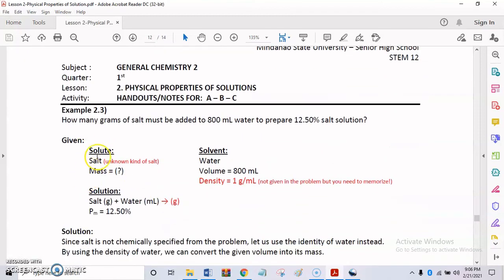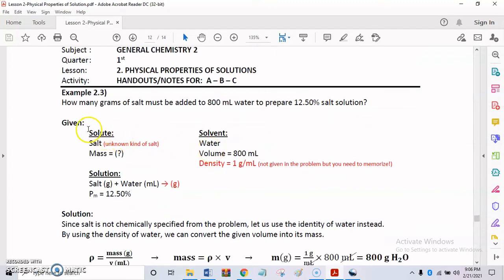Example 2.3. How many grams of salt must be added to 800 ml water to prepare a 12.50% salt solution? We are given the solute and solvent. The solute here is salt. There are many kinds of salt, so in this question, it doesn't say what kind of salt. So, just salt. The solvent is water, which is 800 ml.